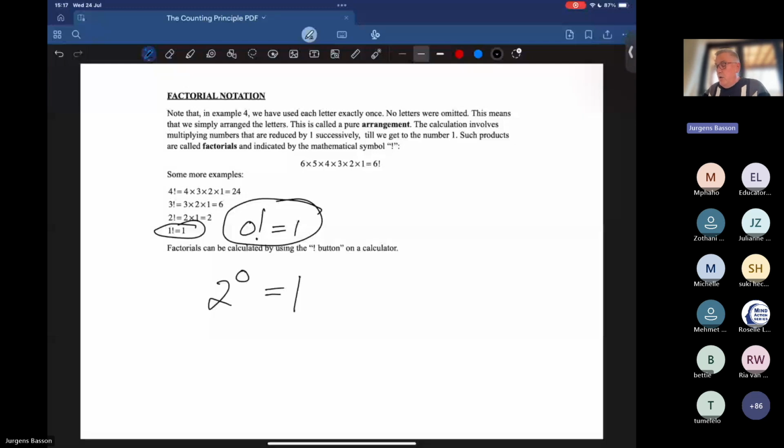That is also 1, because 2 to the 0 we can't write as a product. So that's just an easy, simple way that you can quickly explain 0 factorial. I personally don't even talk about 0 factorial. I just leave it. I think it's not so necessary for grade 12.